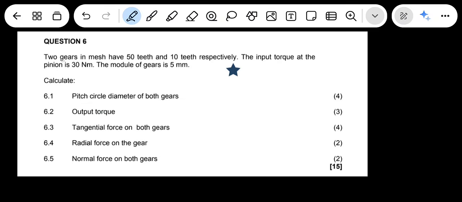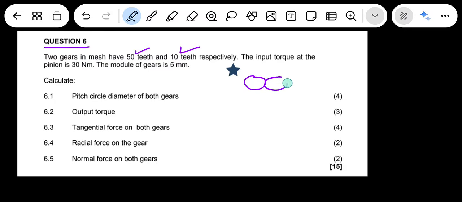This is question 6. Two gears are in mesh. They have 50 teeth and 10 teeth respectively. Two gears are in mesh, meaning the two gears are matching.